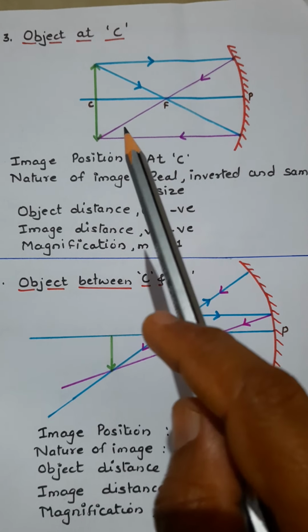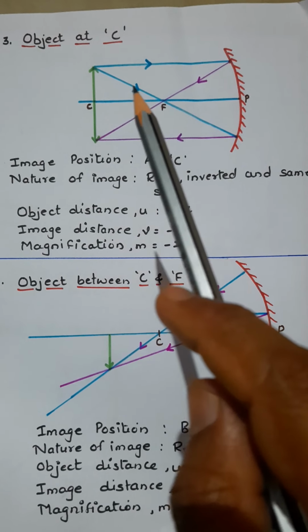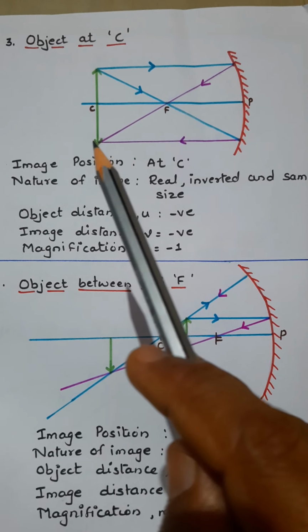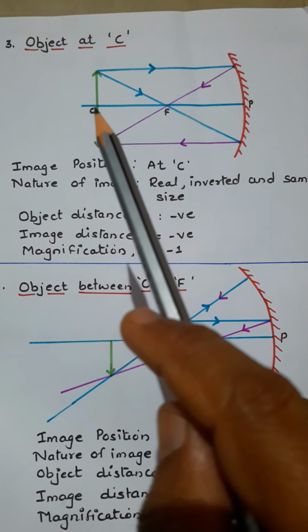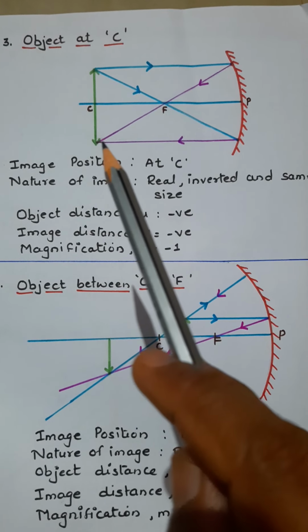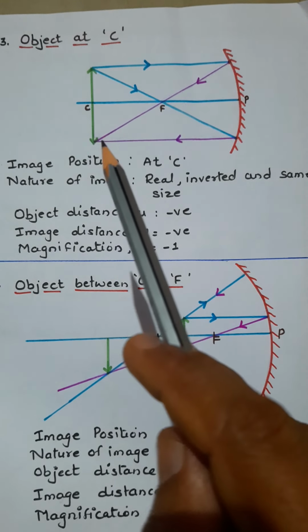Both the rays of light will meet just below the center of curvature and we will get an image formed just below the center of curvature. So in this case, the image position is at C itself.